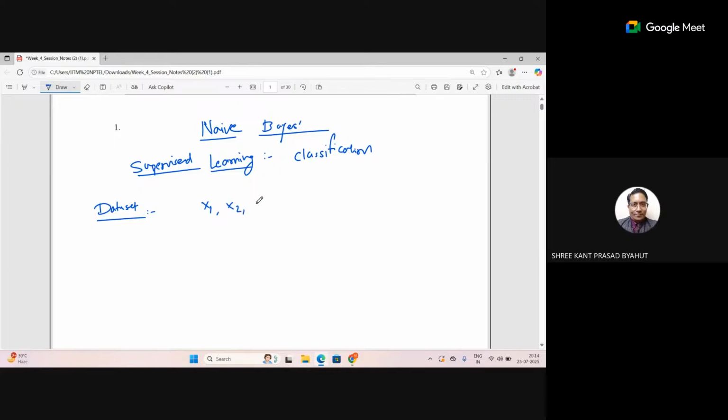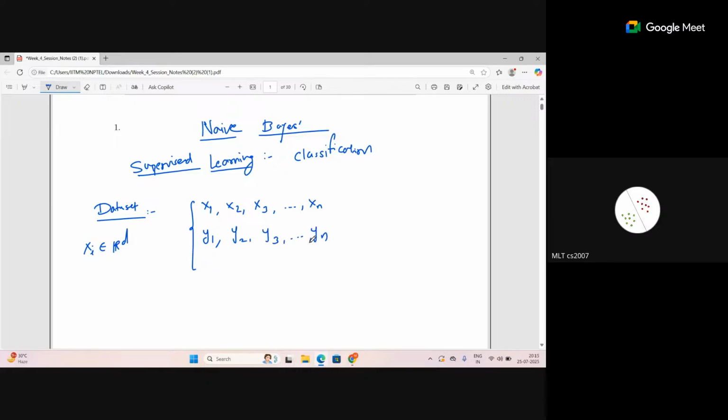So let's say you have x1, x2, x3 up to xn. These are the data points, and each xi can be in R^d. And we have corresponding labels when we talk about supervised learning, so it is y1, y2, y3 up to yn.